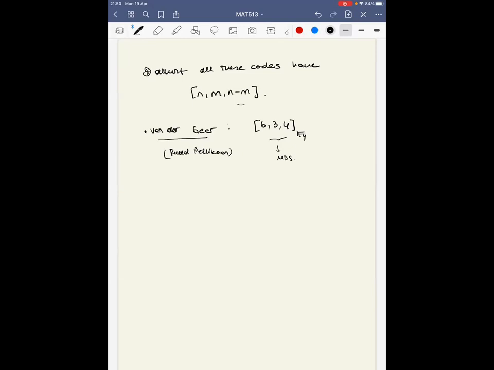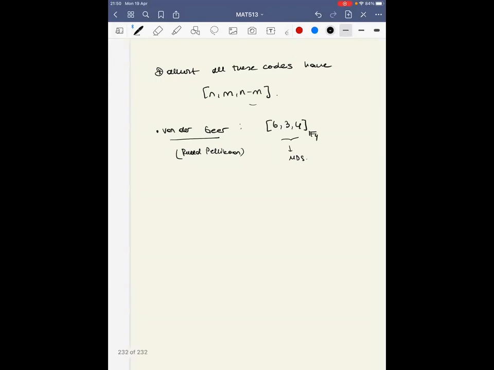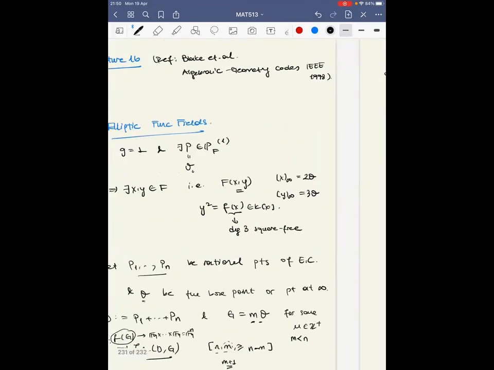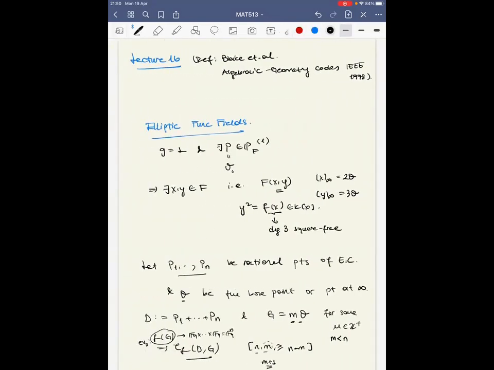In general, if you want to understand evaluation codes from elliptic function fields, we need to clarify some situations.